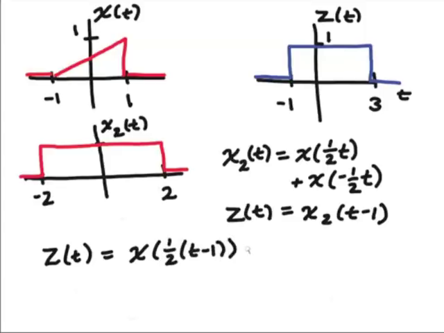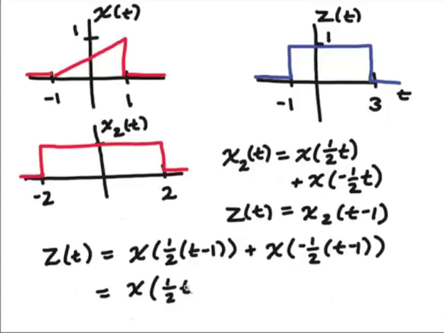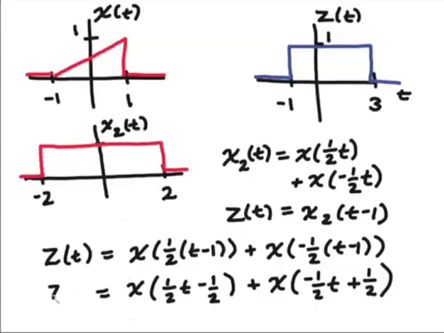So that gives me z of t is x of (1/2 t minus 1) plus x of (minus 1/2 t minus 1). And then I can simplify that and write the final answer. It's x of (1/2 t minus 1/2) plus x of (minus 1/2 t plus 1/2). And this is our final answer to the problem.